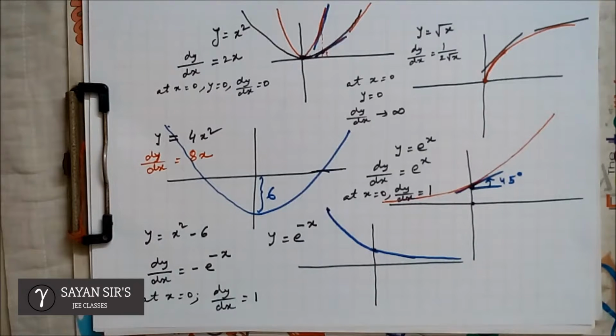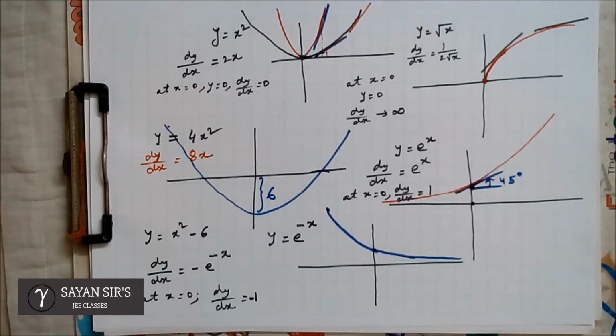So this will be the graph of e to the power of -x. As x approaches infinity, y approaches 0. As x approaches negative infinity, y approaches positive infinity, and at x equals 0, y is 1. Also, the slope is, I'm sorry, I should have written -1 here.